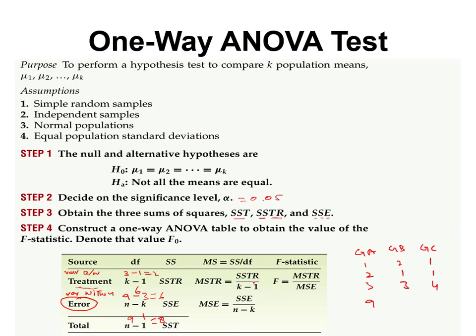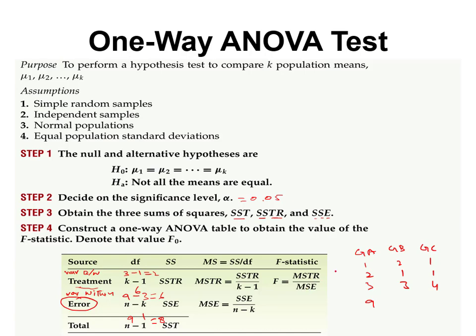So the mean treatment square is the average variation between, and this will be the average variation within. It will give you the F statistic value. If this value is much higher and this value is small, the F value will be very high. If this value is much lower compared to this one, then the F value will be much smaller.